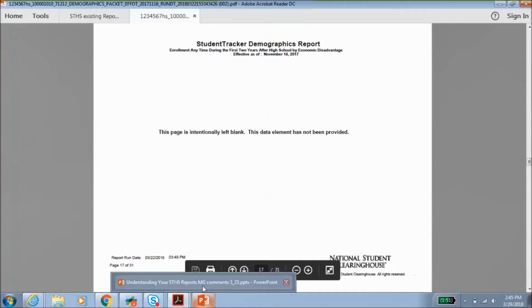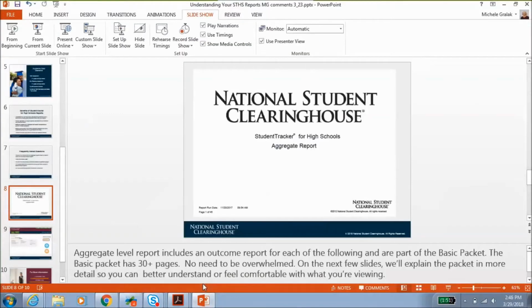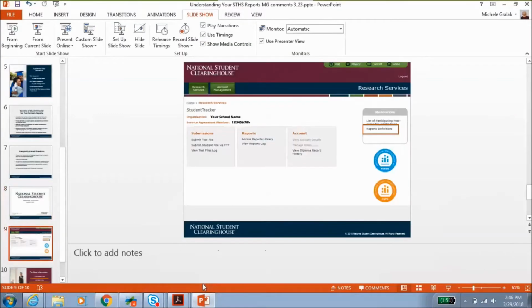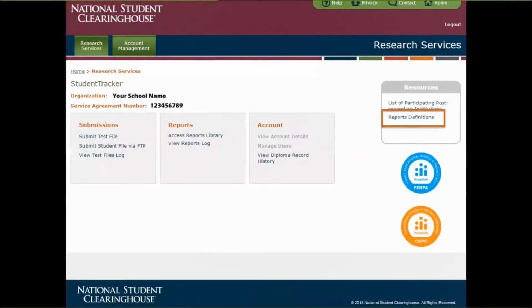All right. So there was the packet that we went over. Oh, let me get the slideshow from current slide. Within the Student Tracker service, you're able to actually have a web ID and go into the application. One of the things we have here is submitting a test file.